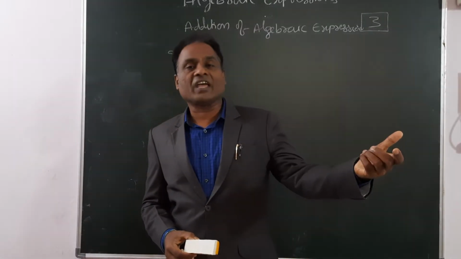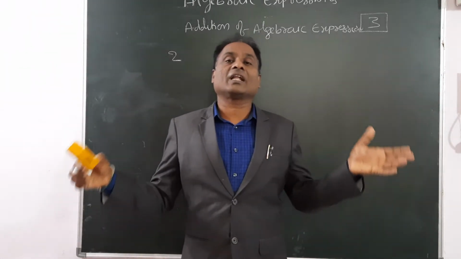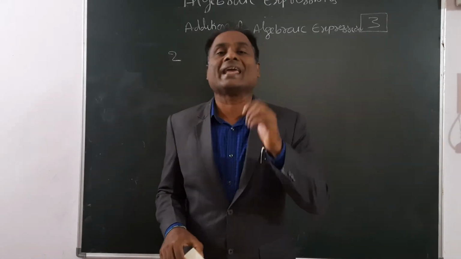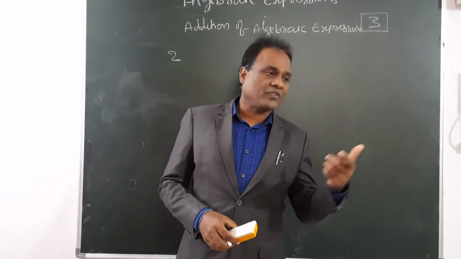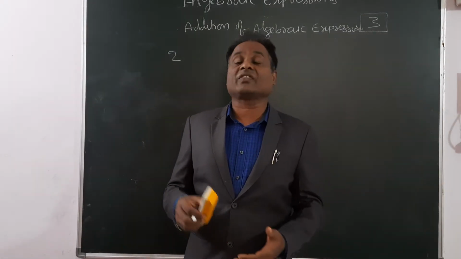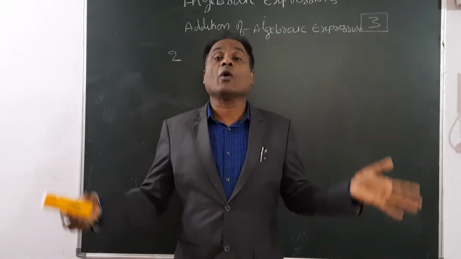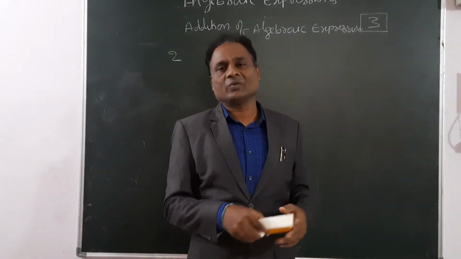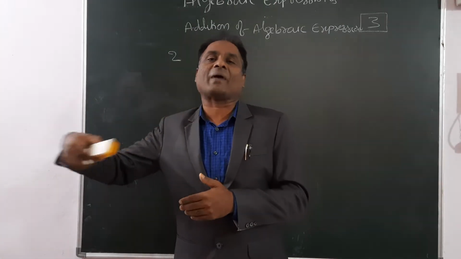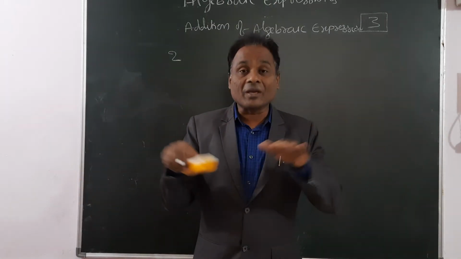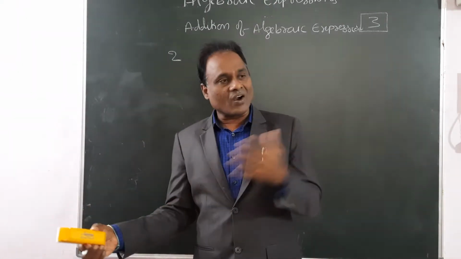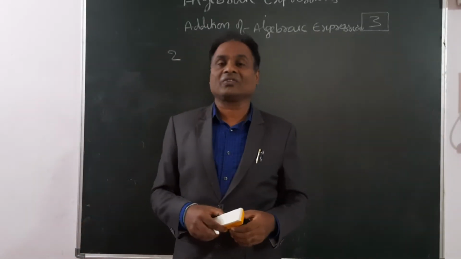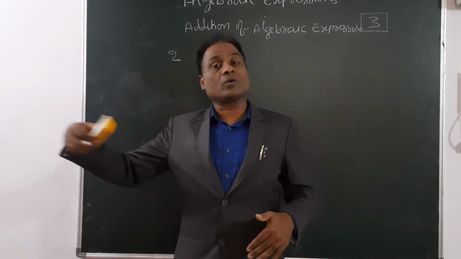Suppose there are 5 apples and 4 apples. The total is 5 plus 4, 9 apples. Suppose there are 5 apples and 4 mangoes. The total apples is the same 5 only; 4 cannot be added to that, because it is a different category, mangoes. We can't add 5 apples as mangoes. Apples are different, mangoes are different.